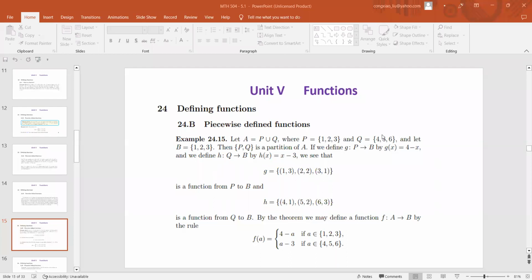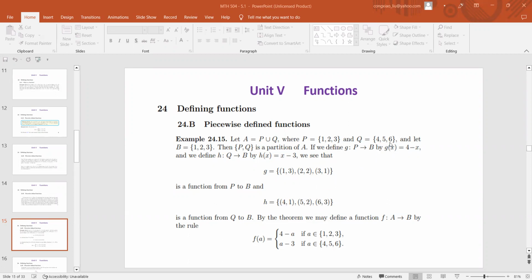So you take each value of the numbers in Q, and substitute in this formula. So H of 4 equals 4 minus 3, which is 1. So we get 4, 1 as the first ordered pair. And when X equals 5, H of 5 equals 5 minus 3, so that's 2. So 5, 2 is the second ordered pair.